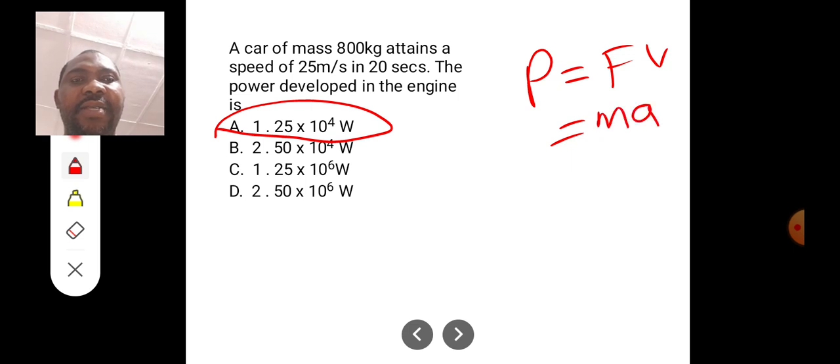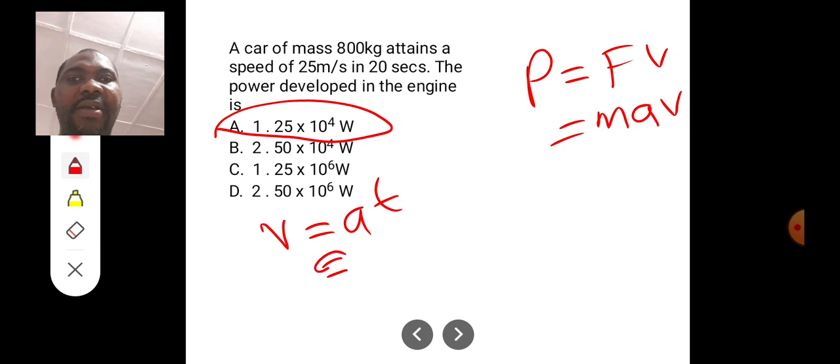So we say mass times acceleration, then times velocity. How do you find acceleration? Since you are given velocity and you are given time, you can find acceleration because velocity is equal to acceleration times time. So acceleration a will be equal to v over t.